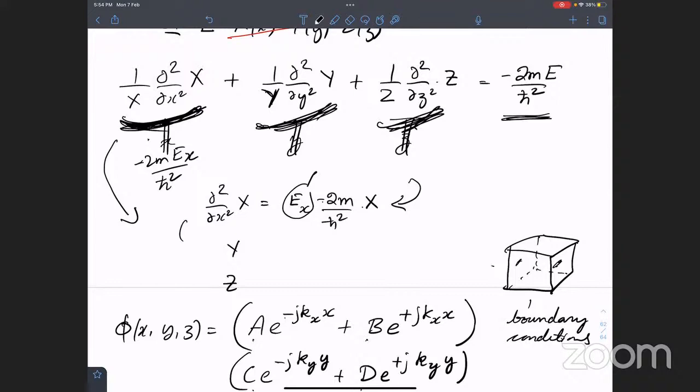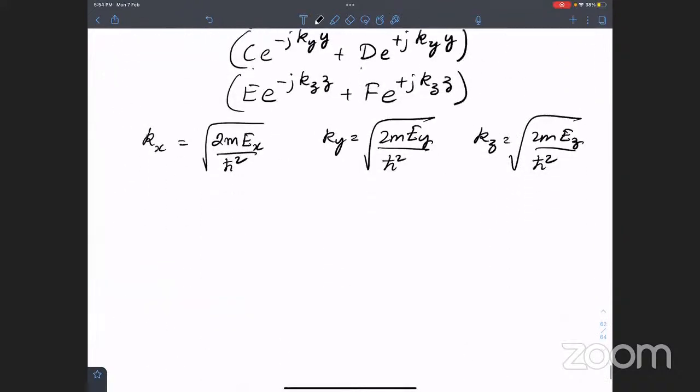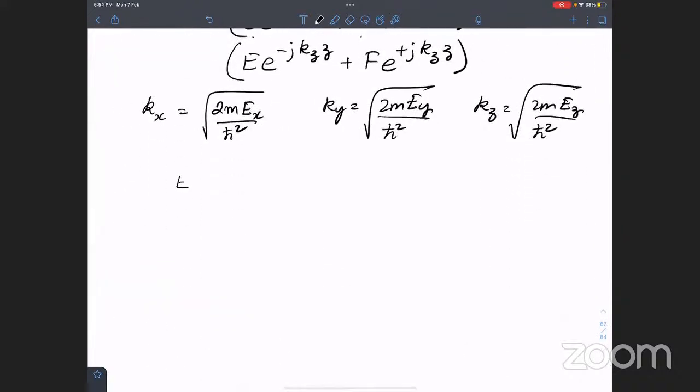Because my dimensionality has to match, what I find is E should be equal to Ex plus Ey plus Ez. So the total energy, clearly you can realize now that Ex, Ey, Ez must stand for the kinetic energy in the x direction, kinetic energy in the y direction, kinetic energy in the z direction respectively.